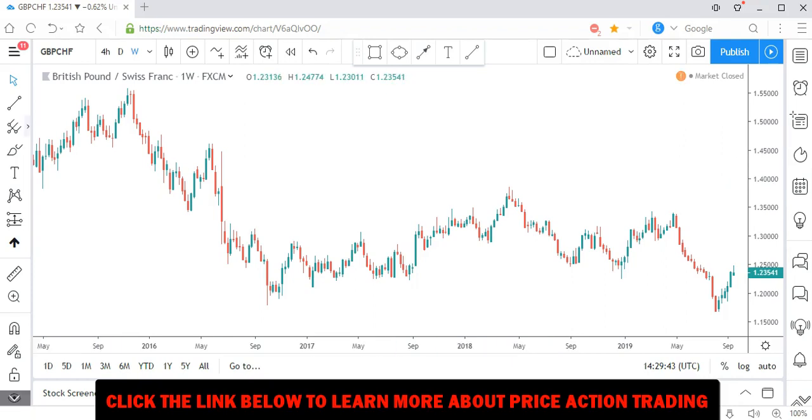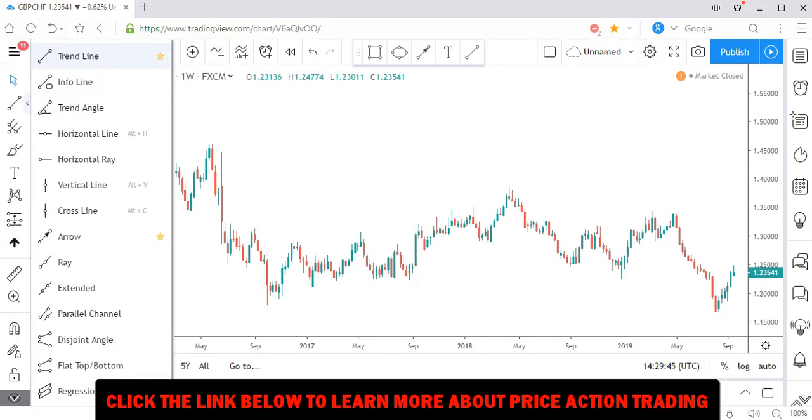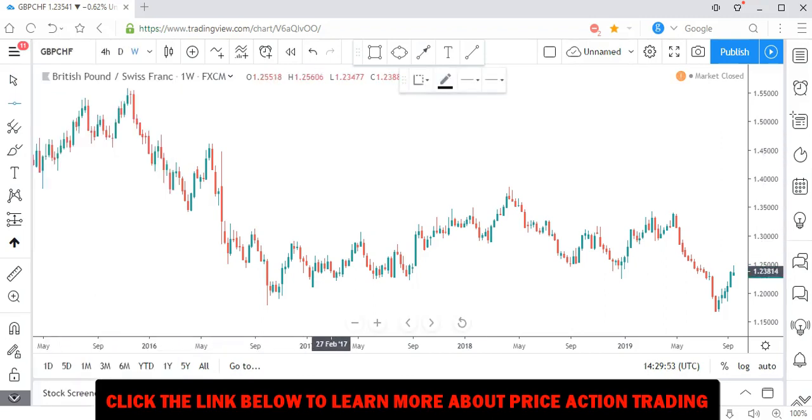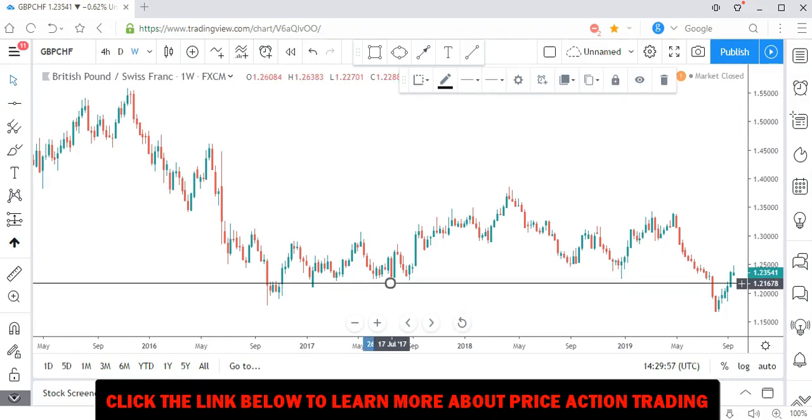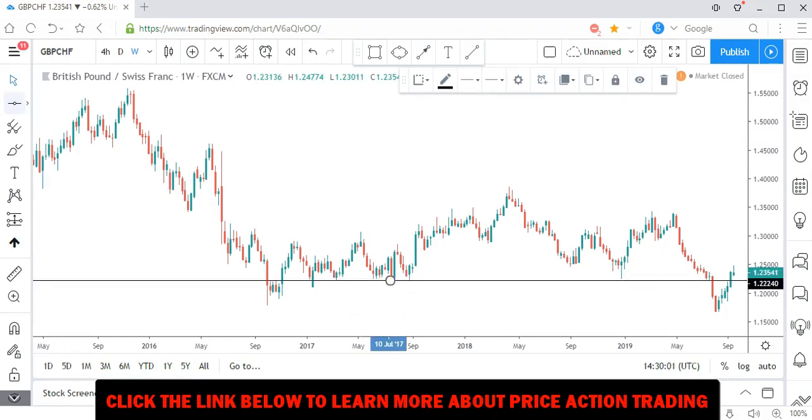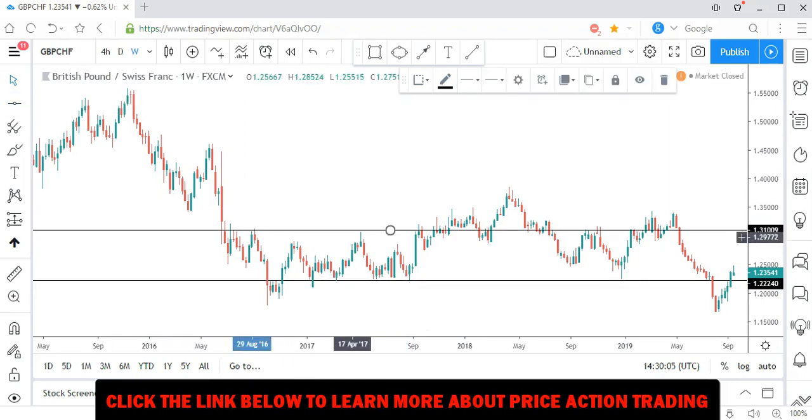So you come over to this side, click here. This is where we have the horizontal line, or you can also use Alt+H to plot your horizontal line. So click it, and I pick this point. This is a key turning point. When you draw, you need to adjust to fit. This is another point here, a key turning point too.